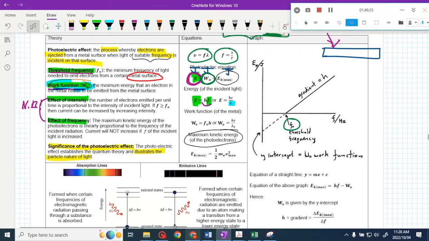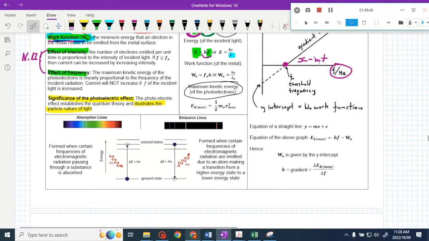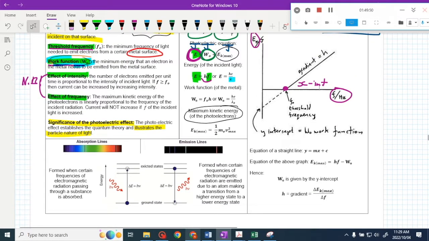Sometimes you're going to be given a graph. Whenever they say use the graph to determine anything, you use gradient, y-intercept, x-intercept if possible. So for this graph of kinetic energy versus frequency, where it cuts through the x-axis, that is the threshold frequency.